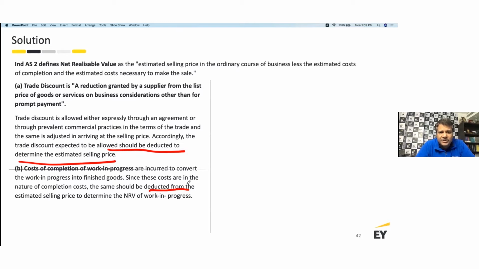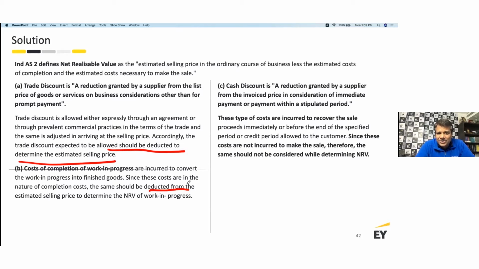Now, cash discount is a reduction granted by a supplier from the invoiced price in consideration of immediate payment or payment within a stipulated period. So we don't need to, right? It should not be considered while determining the NRV.